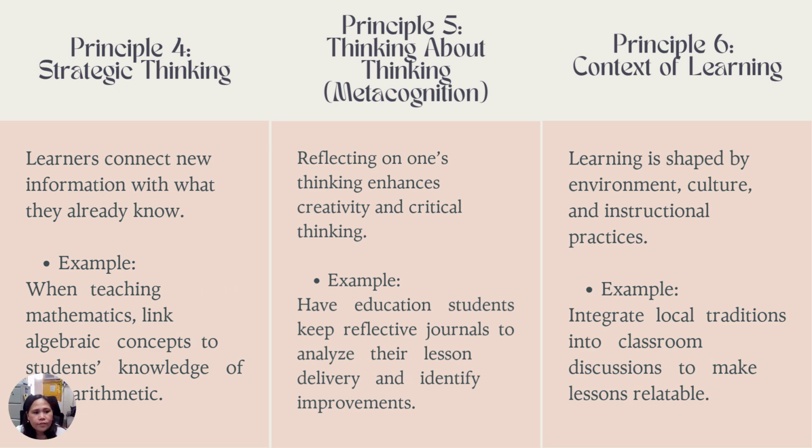Then we have the fifth principle, thinking about thinking, or what they termed as metacognition. When we say metacognition, this refers to learners reflecting on their own thought processes. It encourages students to analyze what strategies help them succeed, identify whether they struggled and adjust their approaches.